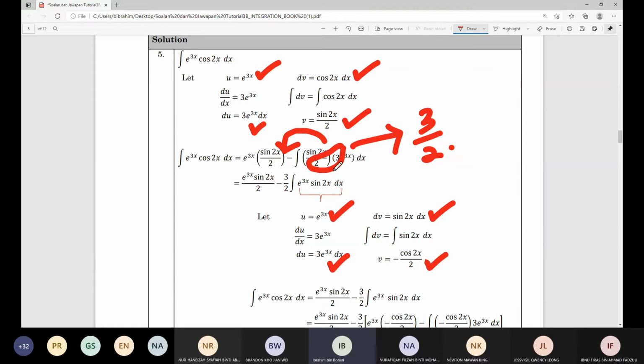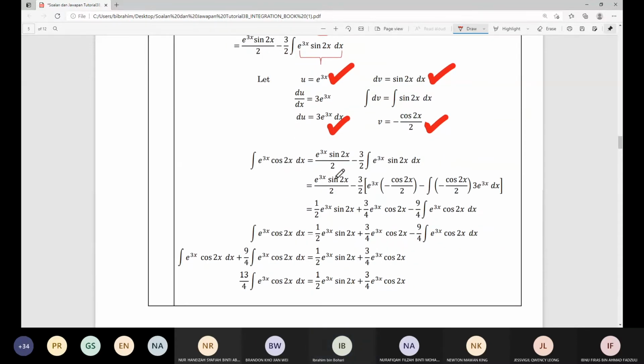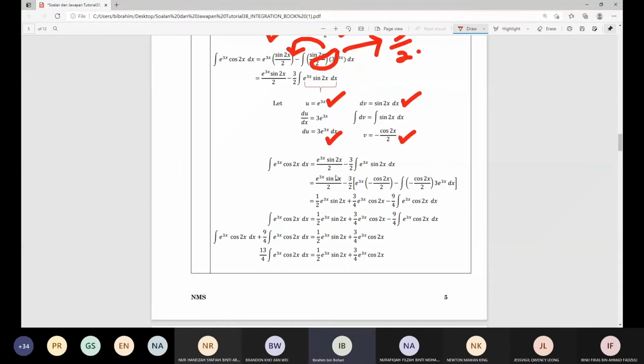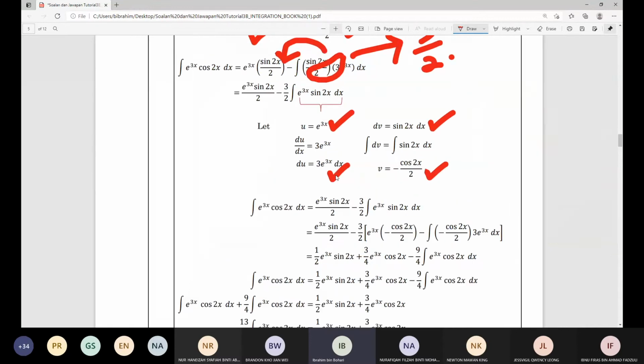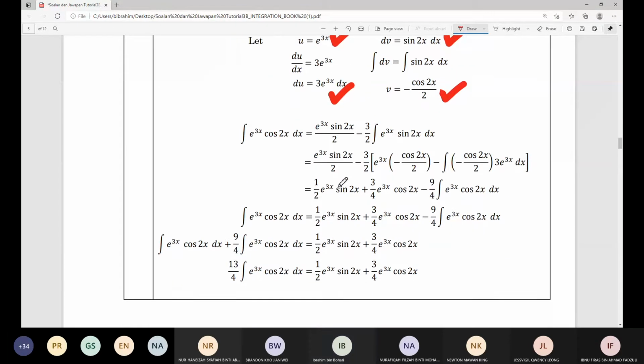This one first, and then the second integration. So negative 3/2, this one, times e to the 3x times negative cos 2x over 2.